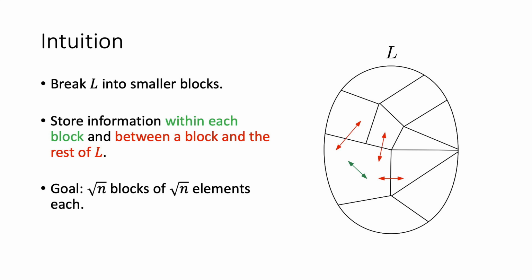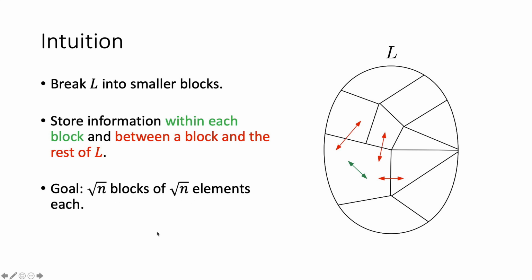Well, our lower bound says that we need to use n root n bits of space, and there are some very nice things we can do if our decomposition is of this form. For example, within a block, since it has square root n elements, we can store a quadratic amount of information. And since there are only square root n blocks, quadratic in square root n becomes linear times root n.